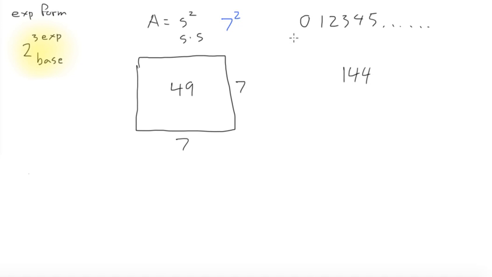Whole number. So 0, 1, 2, 3, 4, 5, 6, 7. One of those numbers. Well, you find the square root of this. And in that case, it'd be 12. All right? Because 12 times 12 equals 144.